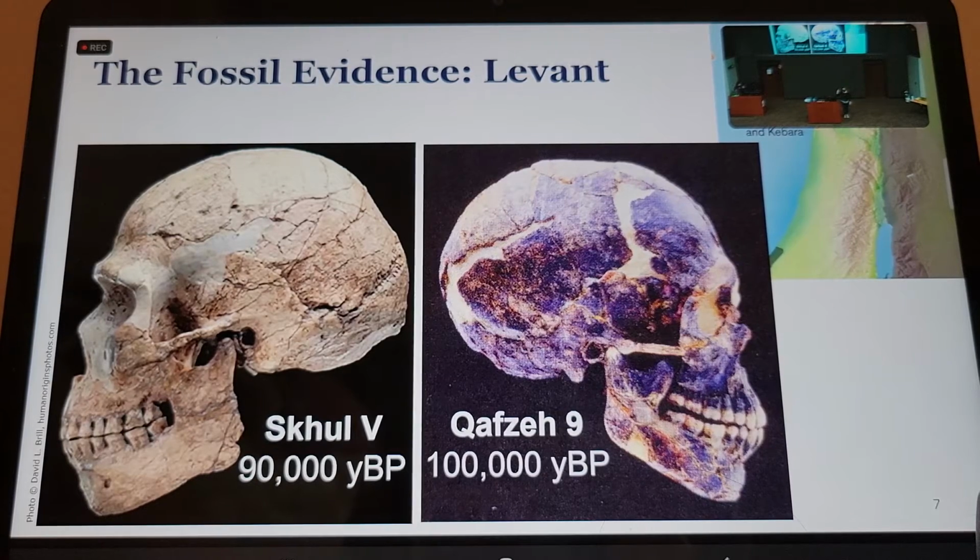And so Skhul 5, from about 90,000 years ago, is anatomically modern human. That is here on the left. You can see that anteriorly projecting chin. And Qafzeh 9, which is at 100,000 years before present. And Qafzeh is actually a juvenile, a fairly young individual, not fully adult. So it looks less robust, but you can see the high vaulted cranium, the lack of robusticity, the smaller dentition, and the anteriorly projecting chin.